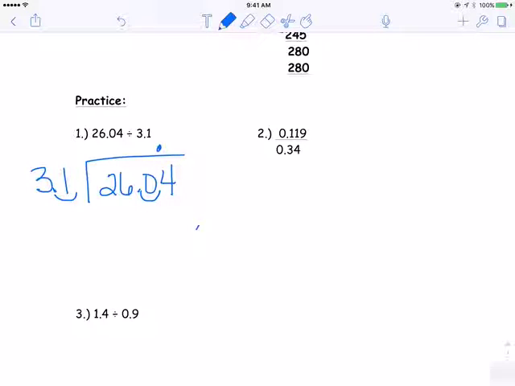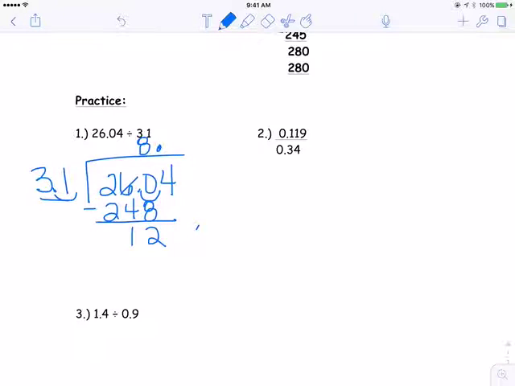Then I'm going to decide 31 goes into not 2, not 26. It's going to have to go into 264. It's going to go in 8 times, which is 248. I'm going to subtract, and that's going to give me 16.